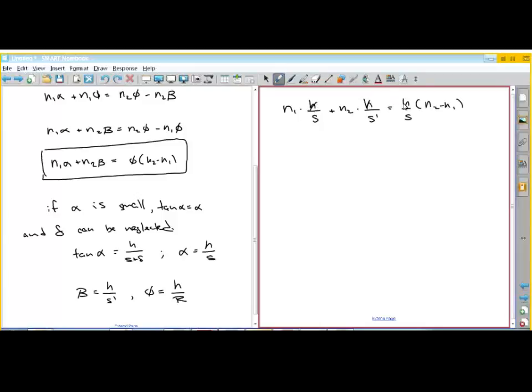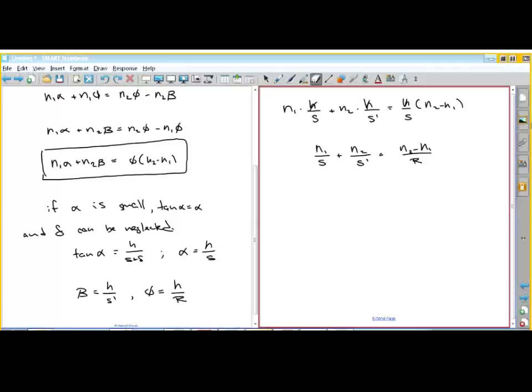You see we have a common factor of h, so we can cancel those out, and they become 1. We just end up with n1 over s plus n2 over s prime is equal to n2 minus n1 over r.